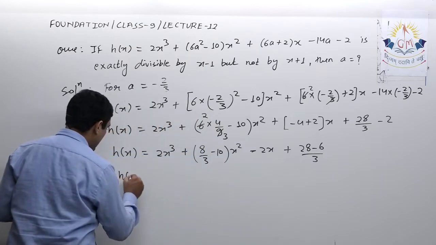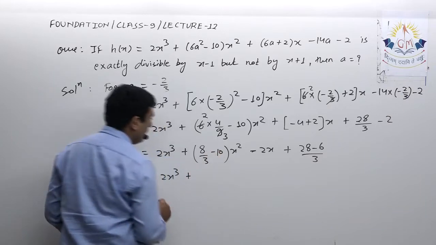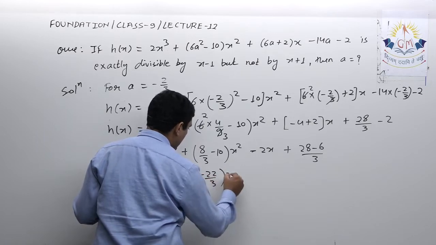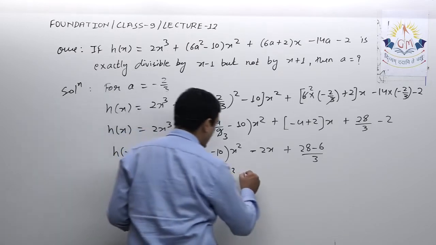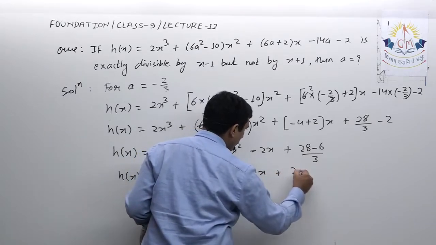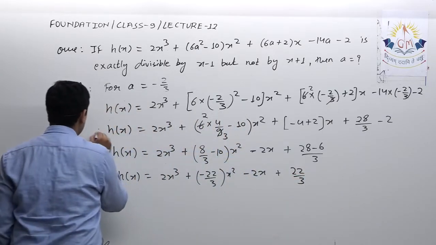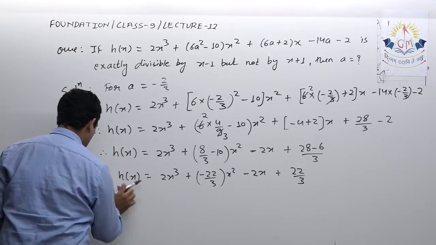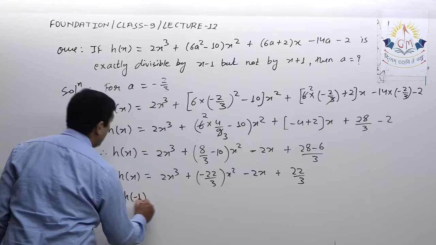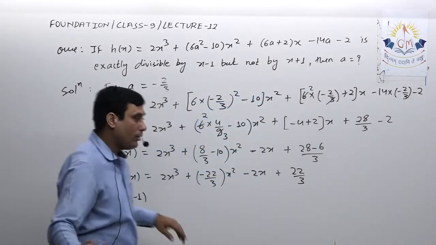So finally here I will write h(x) as 2x cube plus (8 minus 30, that is minus 22) upon 3 x square minus 2x plus 22 upon 3. Now I will find h of minus 1. I am going to check whether this polynomial is divisible by x plus 1 or not.